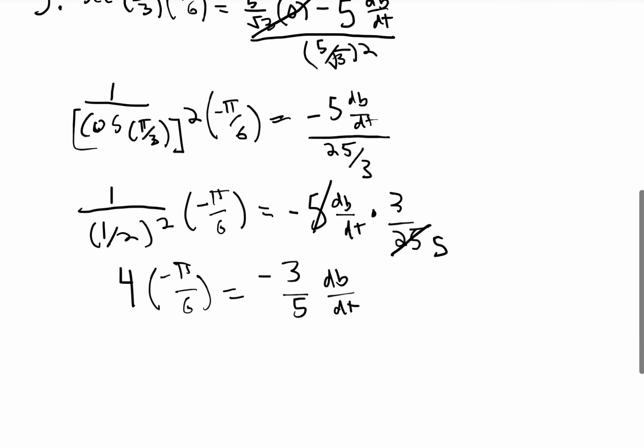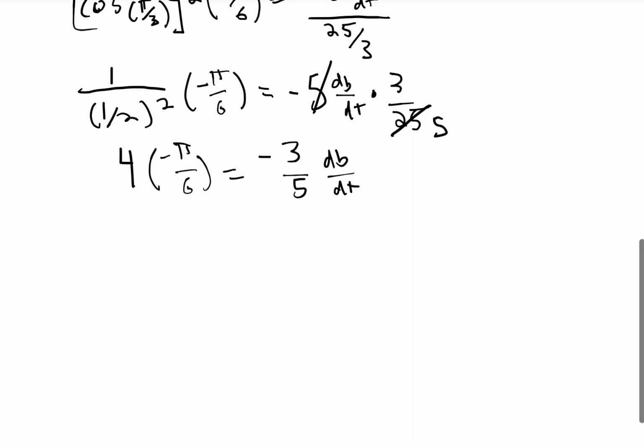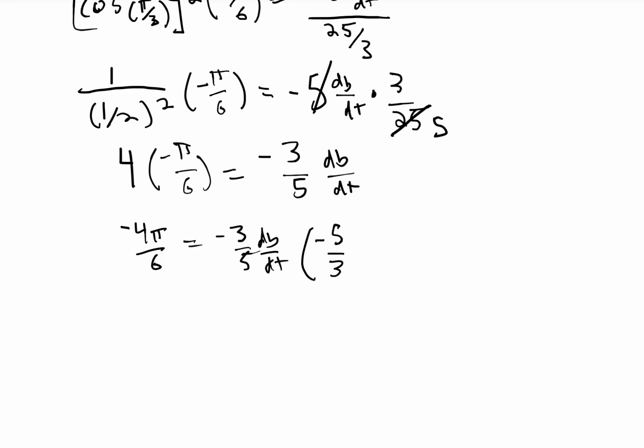I'll continue scrolling to give myself a little bit more room. That means this minus 4 pi over 6 is minus 3/5 dB dt. Well, I could multiply both sides of this by minus 5/3 to get a cancellation of these fractions.